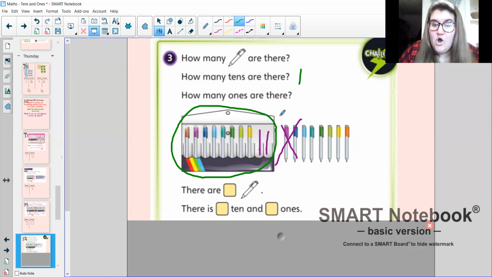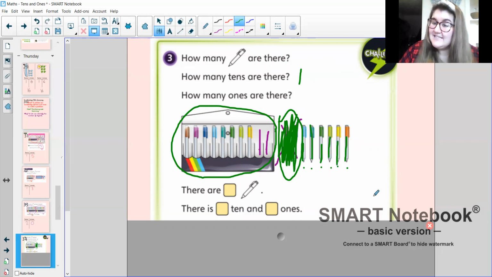Now then, let's count how many pens are left over. And remember, I'm not going to include these ones because I have moved those into my pack. So I'm going to scribble them out because they have gone. I'm going to focus on these ones. Okay, let's count them together. 1, 2, 3, 4, 5, 6. I've got 6 ones.